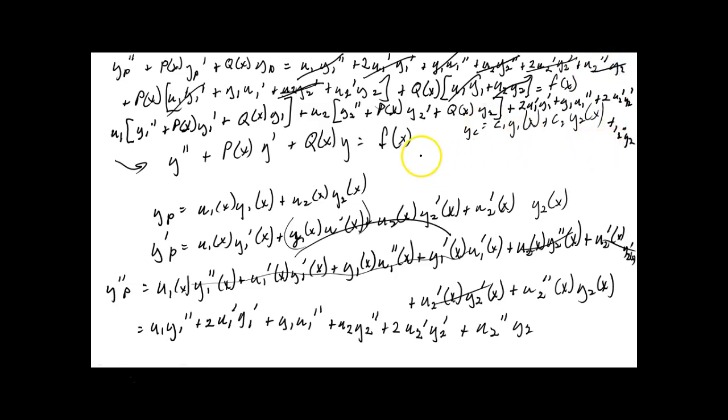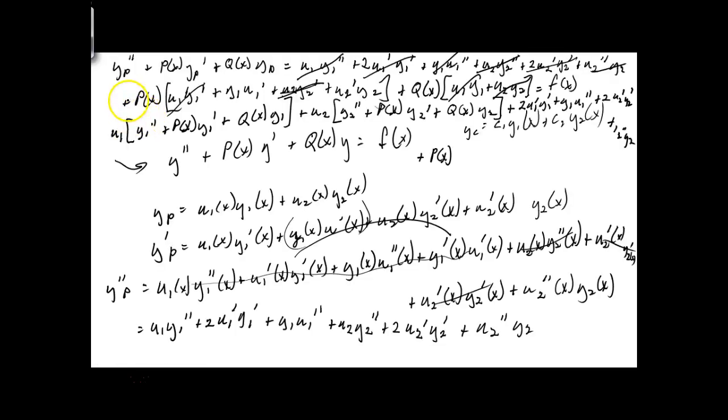Plus, I'm going to continue here. Sorry, this is messy. A P of X, U1 Y1 prime. Let's see. Y1 U1 prime. Plus a P of X, U2 prime Y2.